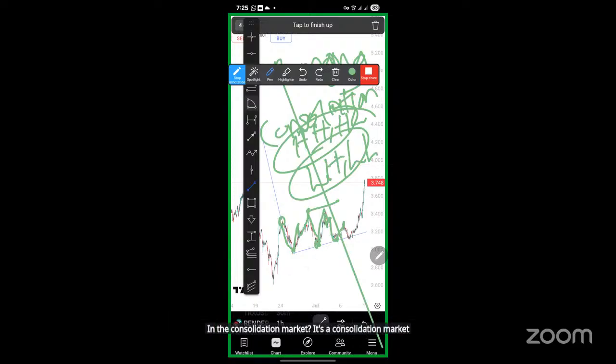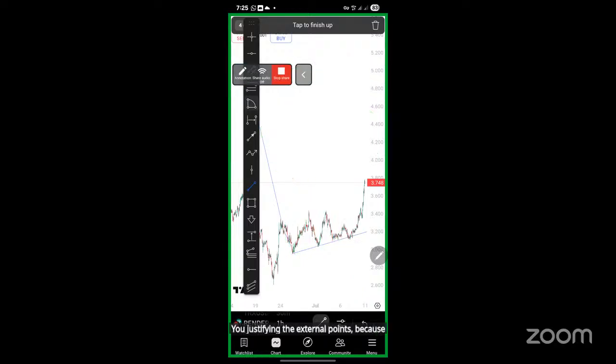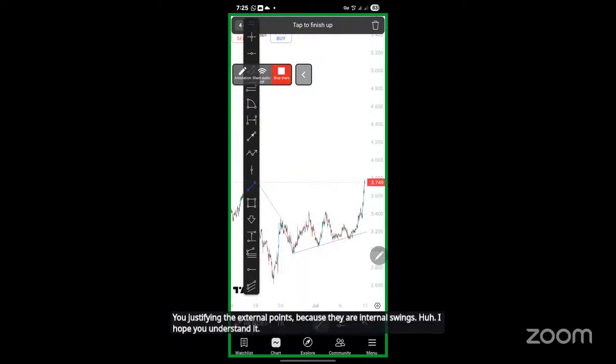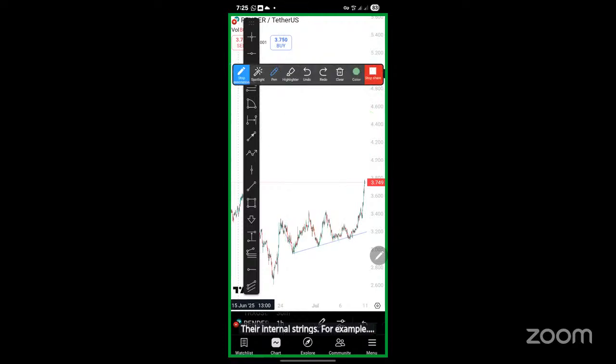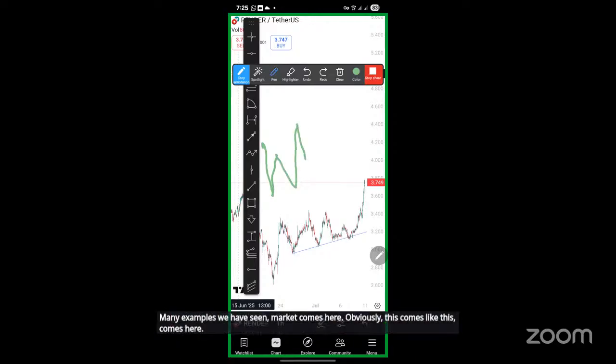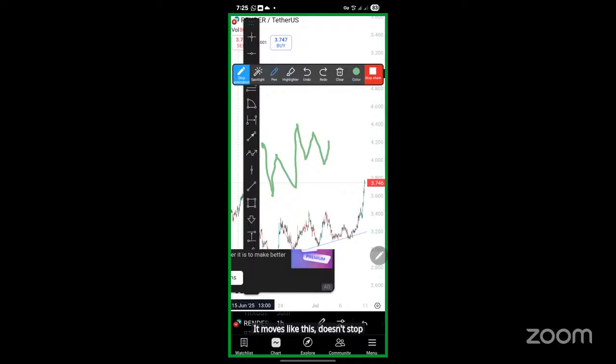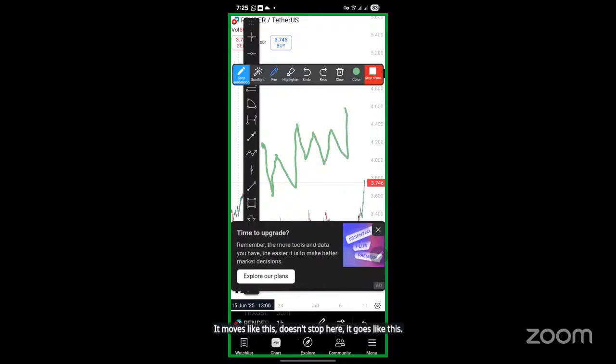So you just find the external points because these are internal swings. But I hope you understand it. They are internal swings. For example, as we have seen, the market comes here, moves like this, comes like this, comes here, it moves like this, doesn't stop here, it goes like this, then it taps on the line again.